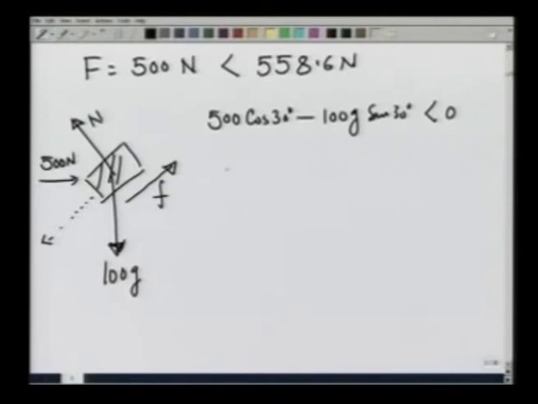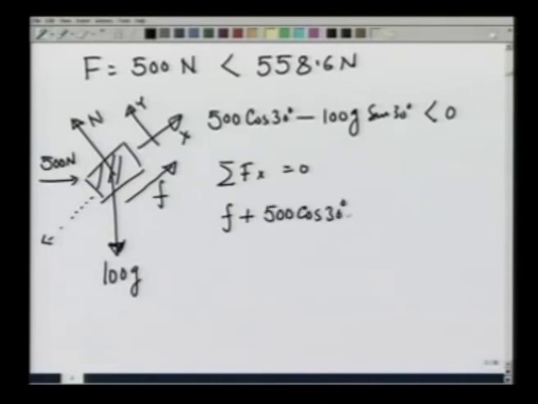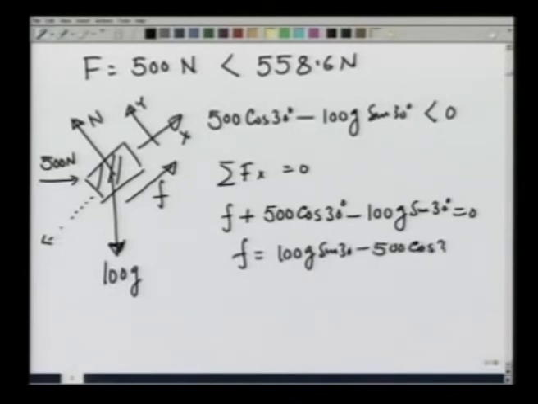Again, the equation for equilibrium, summation F x equal to 0, taking this to be the x direction and y to be the perpendicular direction to the plane, gives me f plus 500 cosine of 30 degrees minus 100 g sine of 30 degrees equal to 0, or f equals 100 g sine of 30 degrees minus 500 cosine of 30 degrees.